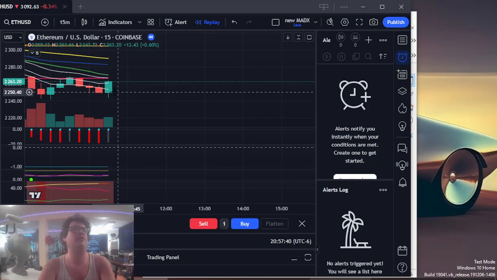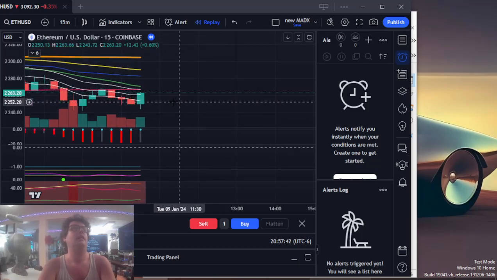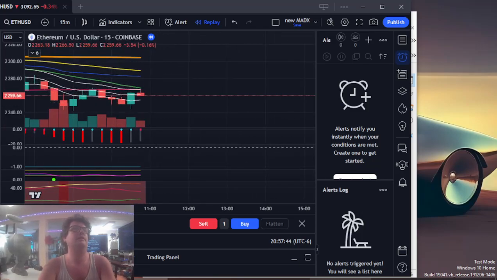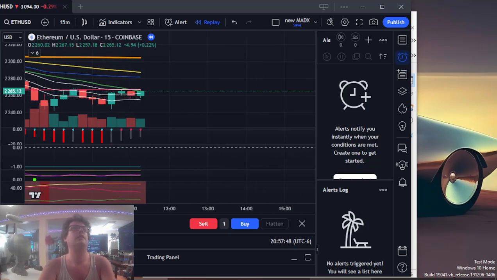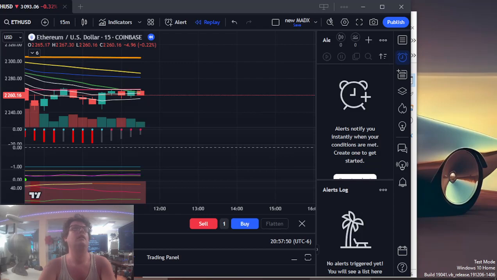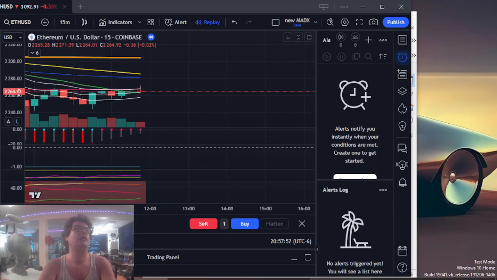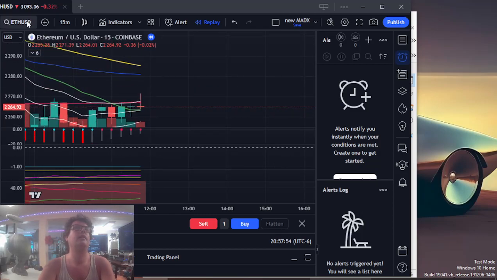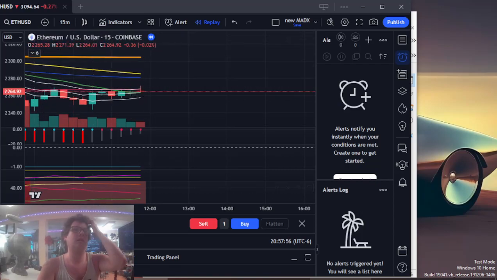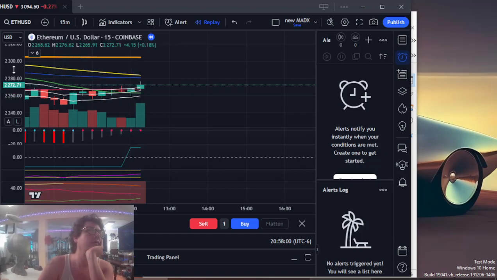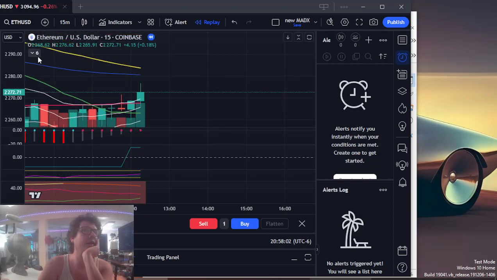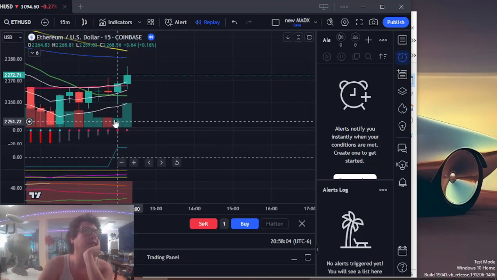That's probably a double bottom. I bet that's going to go up. Wait, oh, that broke above. 1, 2.